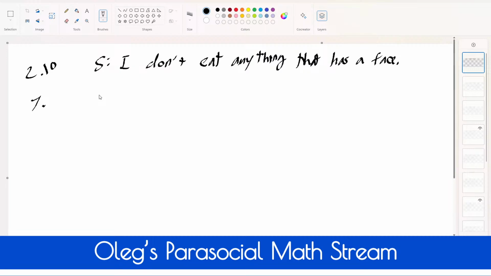That's not S. Anything is the E, and we're going to switch it to everything, which is turn A. So turn E to turn A.